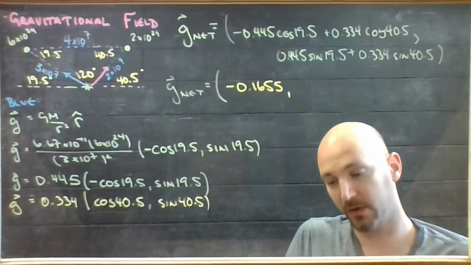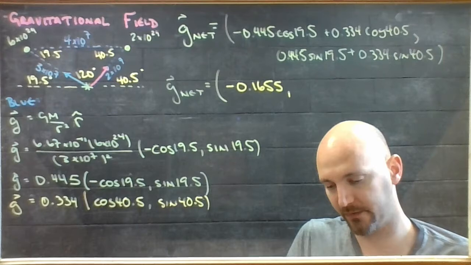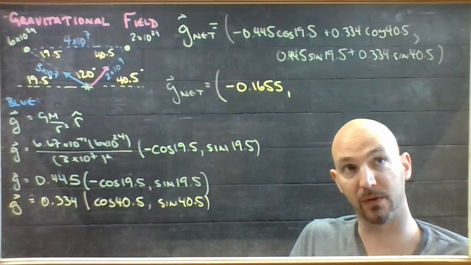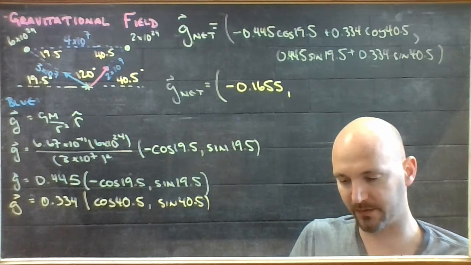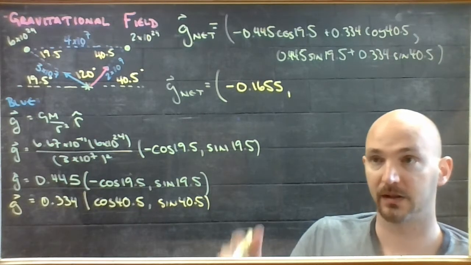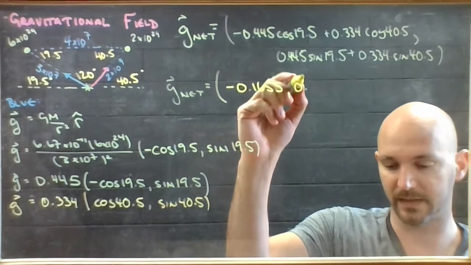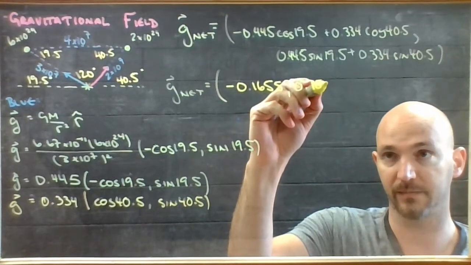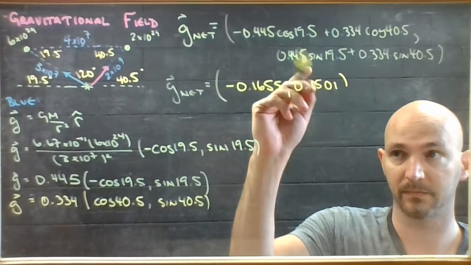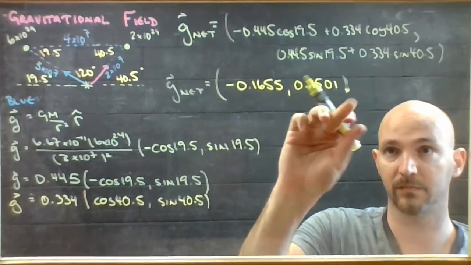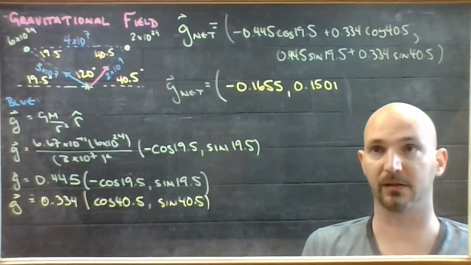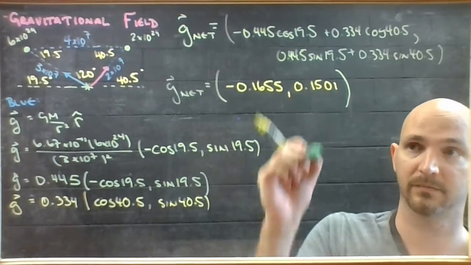In my y-coordinate, I have 0.445 sine 19.5 plus 0.334 sine 40.5. That gives me 0.1501. And we will end in green. Okay.